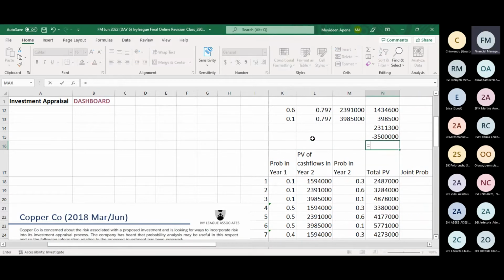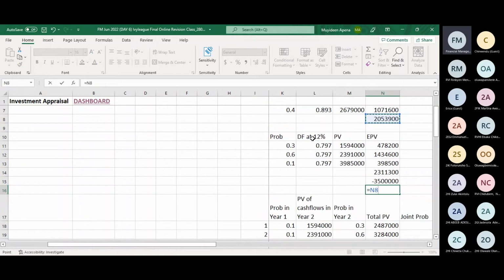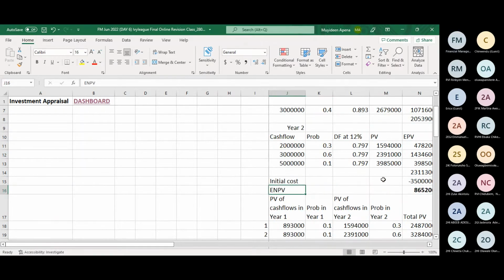So you say expected present value in year one, plus expected present value in year two, then you net it against the initial cost. And you say this is it. Is it not the same value we got? Can you see it? It is.